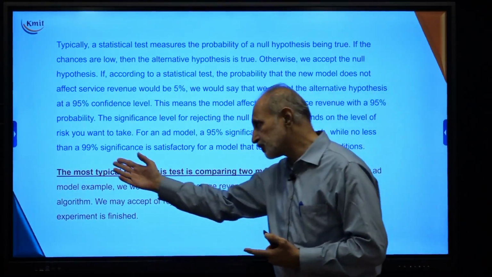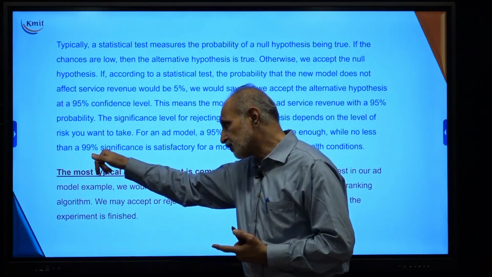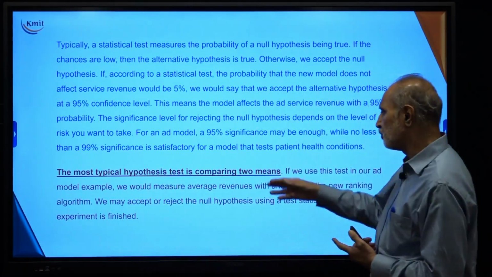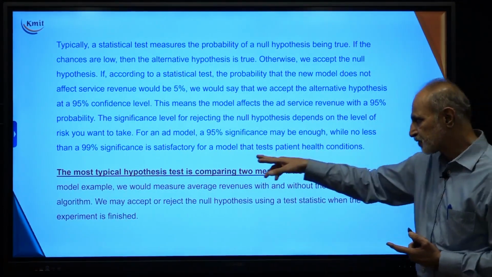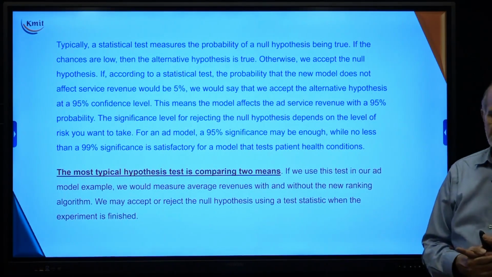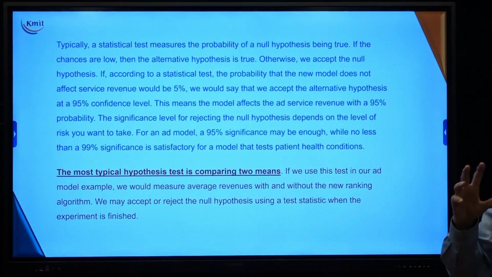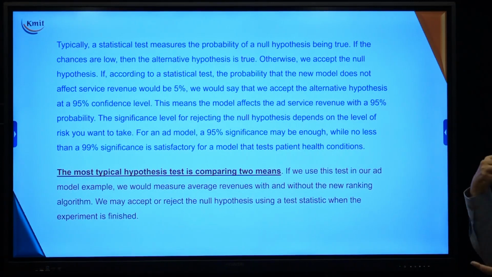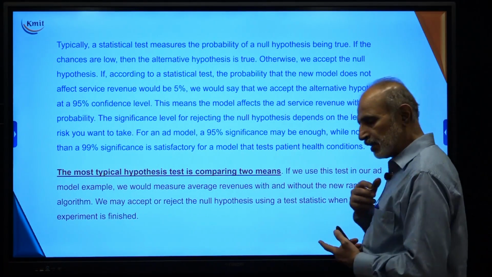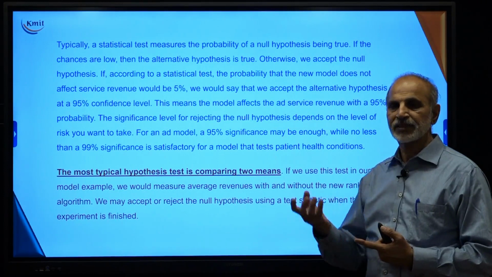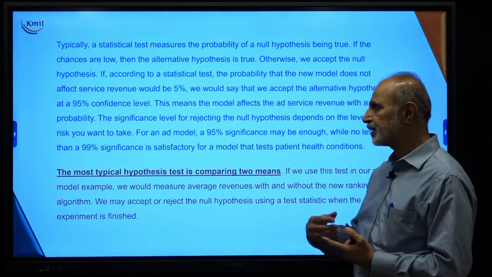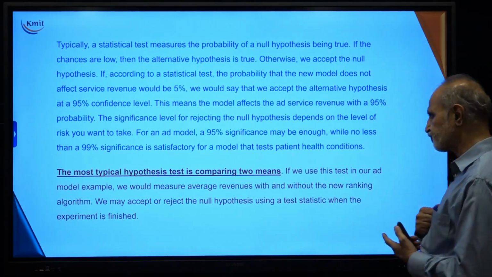So, you have to go with an accuracy or confidence level of 99% or above for a model that tests the health conditions of the patient. So, this gives me a relative idea about the confidence level. It also gives me the idea of accepting the null hypothesis or the alternate hypothesis.